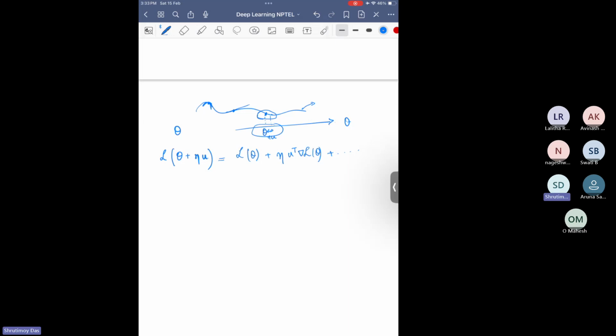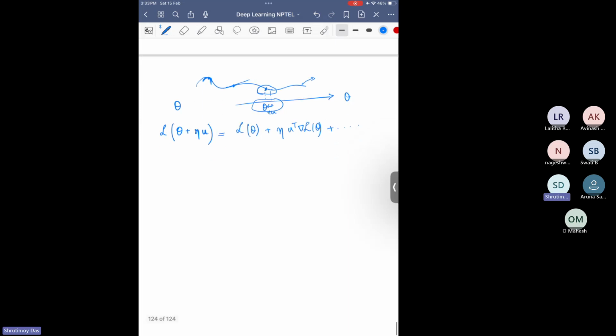Now what is the goal of gradient descent? We are at some point in the function, and I want the next parameter I get to have a lower loss than this. If my loss is say 100 here, I want it to be smaller, say 50.